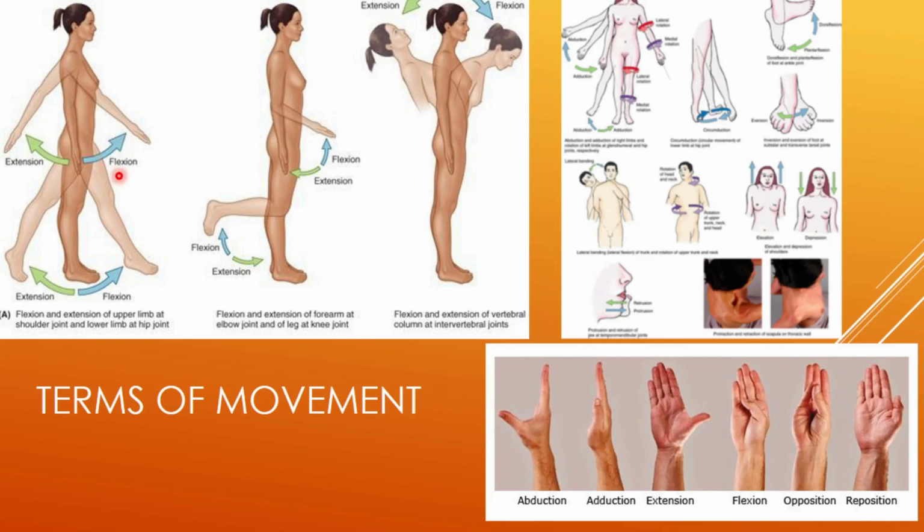Terms like flexion, extension, abduction, moving the arm away from the body, or the limb away from the body, adduction, moving it back towards the body, rotation, and even more region-specific terms such as opposition and reposition of the thumb, or say inversion and eversion of the foot.